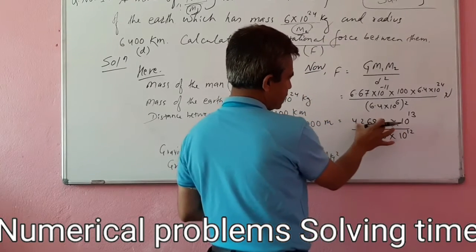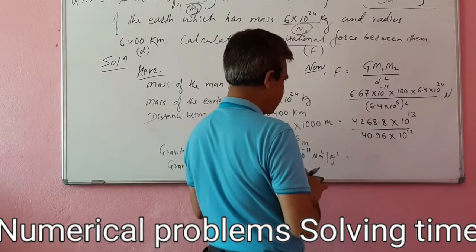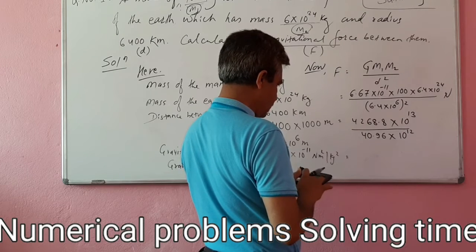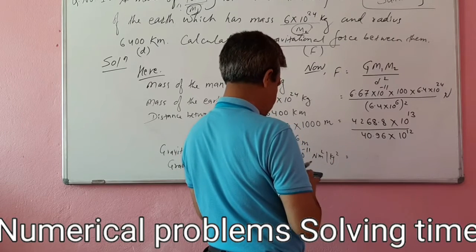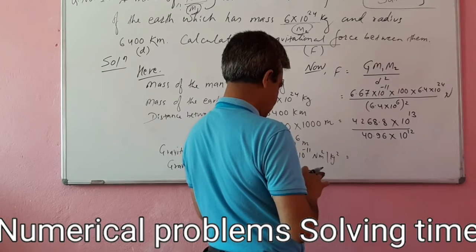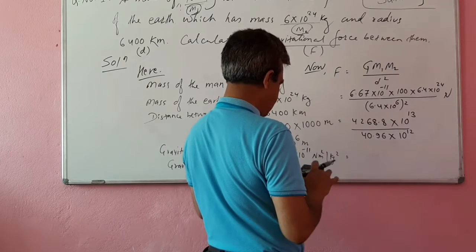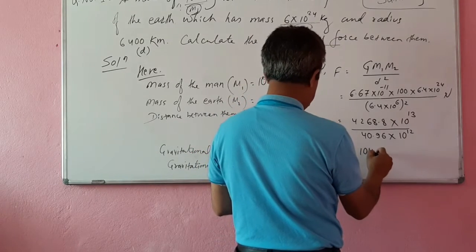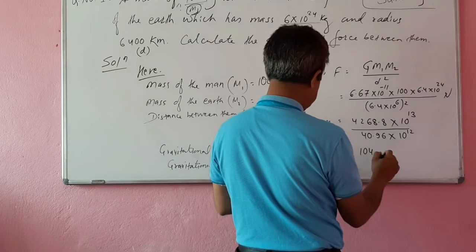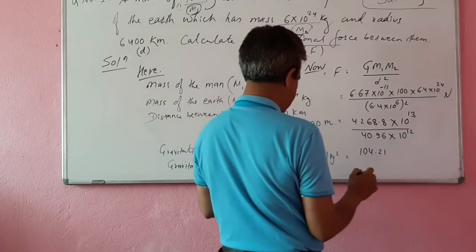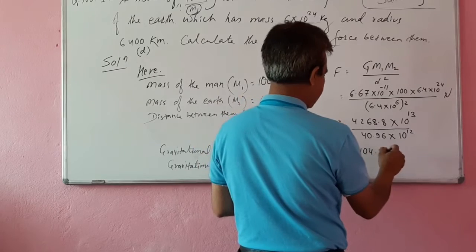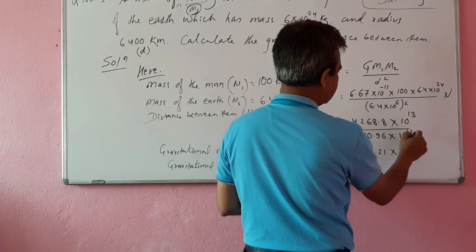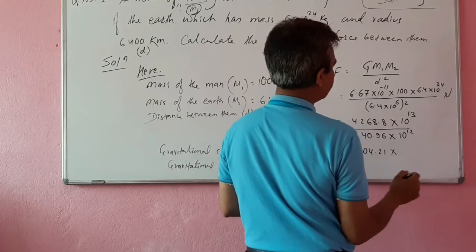Now students, divide this by this one. 4268.8 divided by 40.96 comes to 104.21, multiplied by 10 to the power 13 divided by 10 to the power 12.